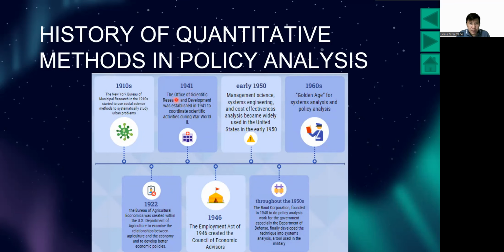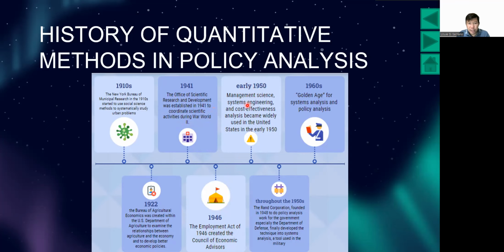In 1941, the Office of Scientific Research and Development was established to coordinate scientific activities during World War II. In 1946, the Employment Act of 1946 created the Council of Economic Advisors.